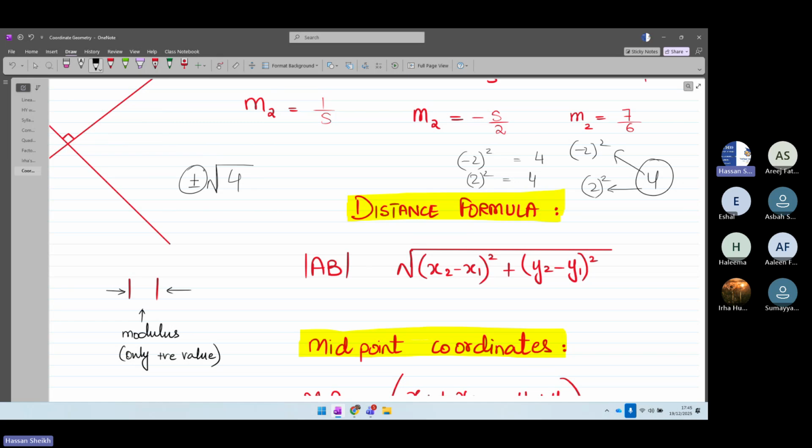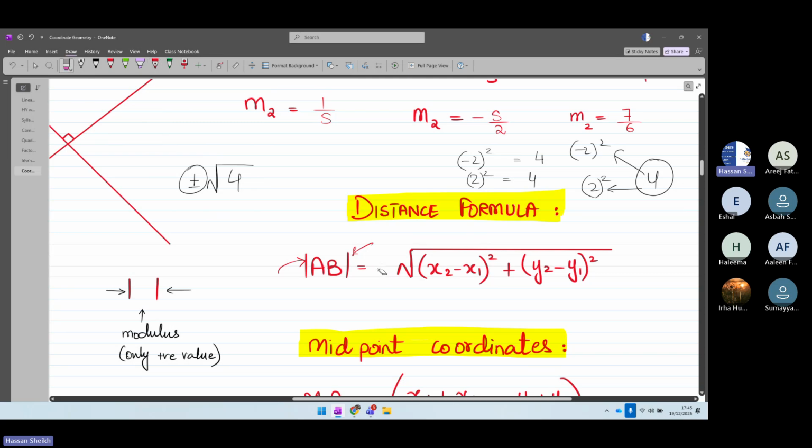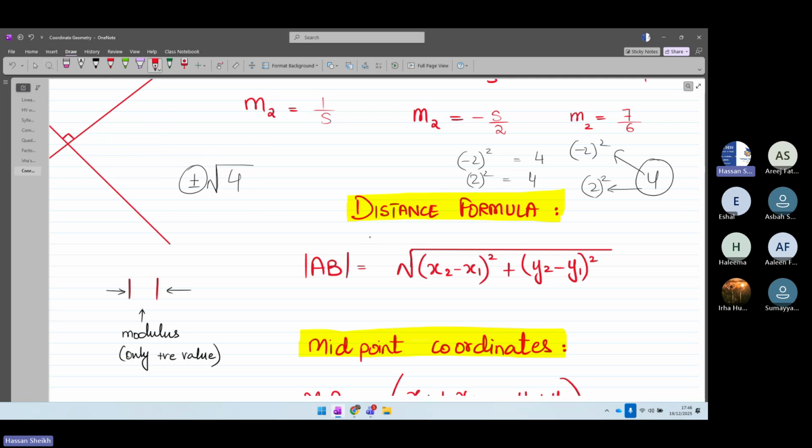So obviously I'm taking square root over here as well because the formula is AB, or the distance between point A and B, equals the square root of (x2 minus x1) whole square plus (y2 minus y1) whole square. So obviously it must come up with a positive and negative sign. But just because we are taking this modulus, it will ignore the negative sign because it is distance. Do you agree? If you are done with the physical quantities in physics, you know that distance can never be negative.